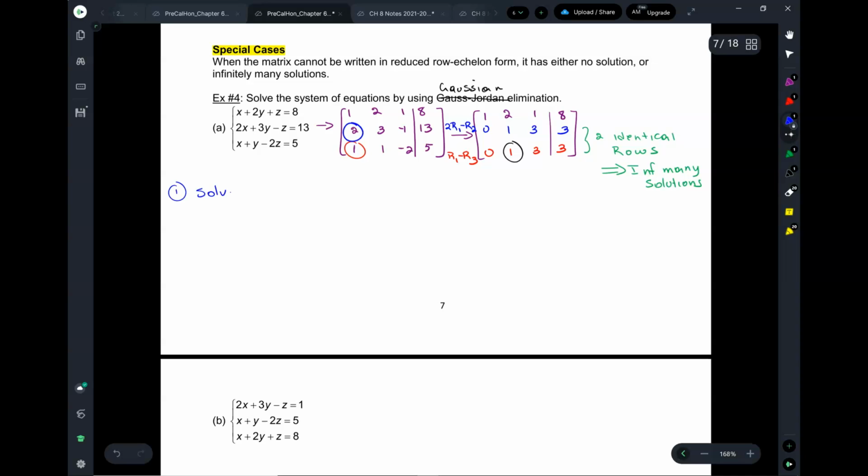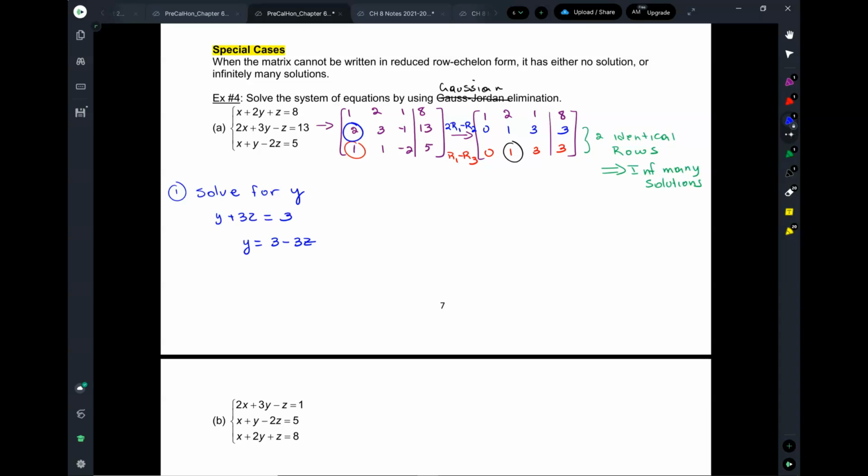You solve one of the equations for y. So what do we have here? We have y plus 3z is equal to 3, right? y is 3 minus 3z. Why do we solve it for y? The answer is because we don't want to solve it for z.